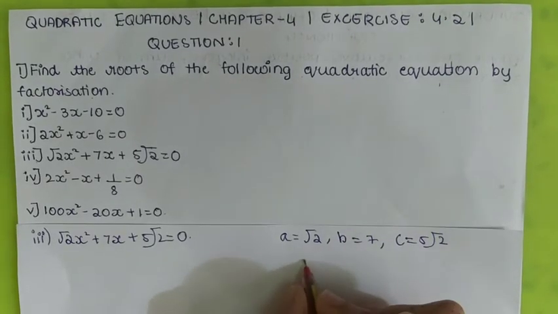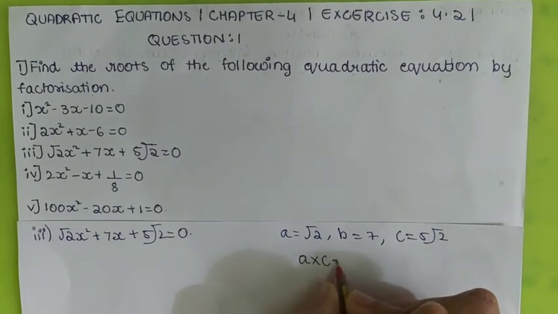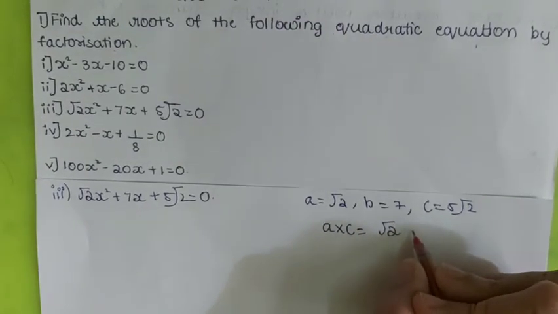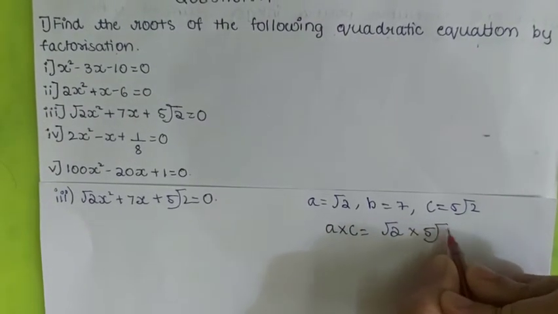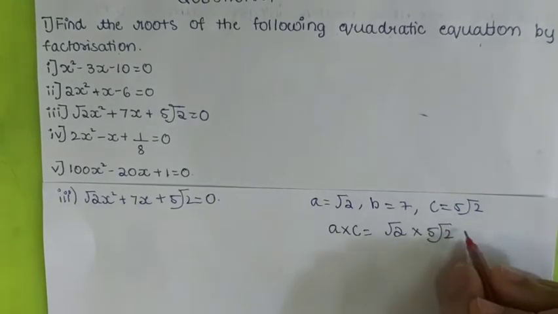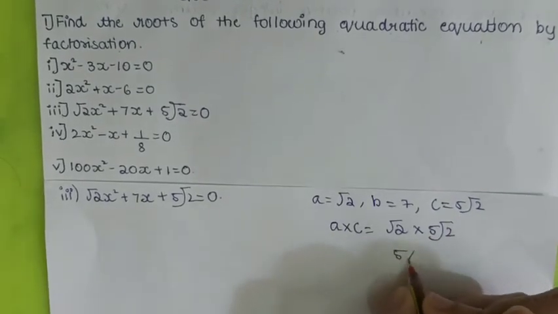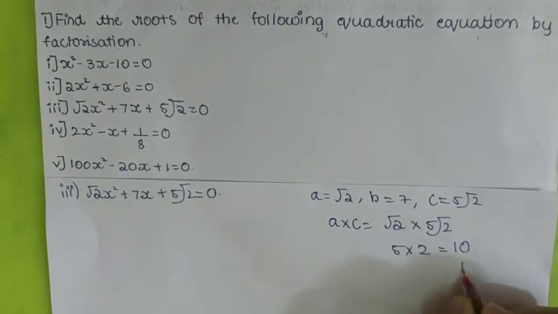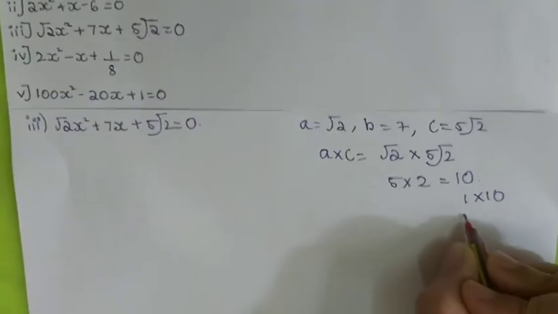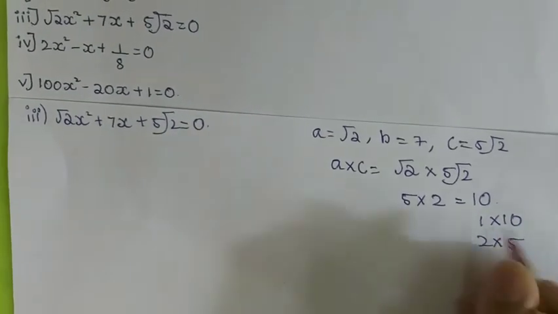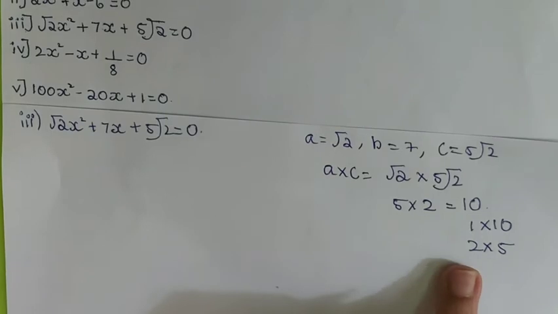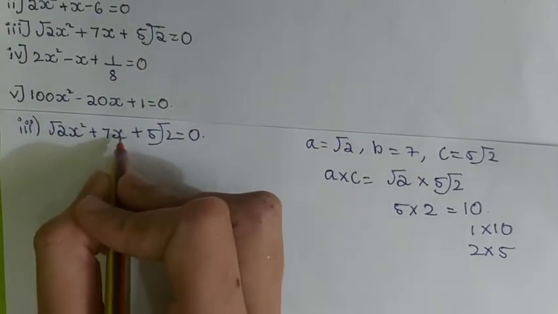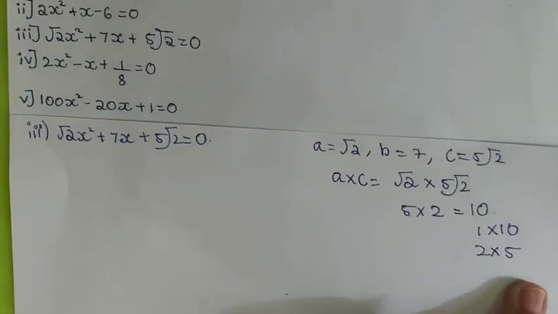Now here a into c: root 2 into root 2 is 2, so 5 into 2 is 10. 1 into 10 is 10 and 2 5s is 10. Now you can see 5 plus 2 is 7x, so we can write 7x as 2x plus 5x.